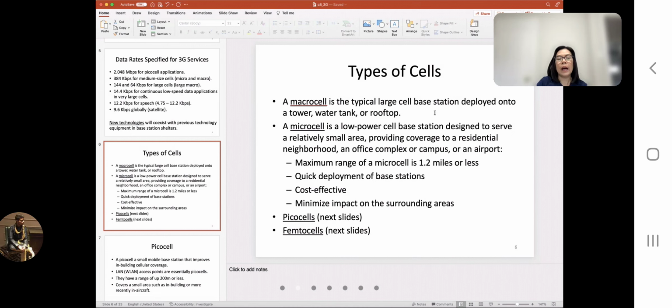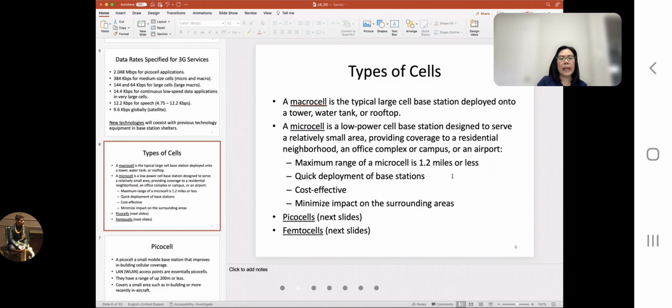And then a microcell is smaller than a macrocell. When we say smaller, the size is smaller, of course, but because of that, they cover a shorter range. So it's low power, and it's designed to serve a relatively small area, such as a residential neighborhood, an office complex, a campus, an airport. So the maximum range is about 1.2 miles or less.